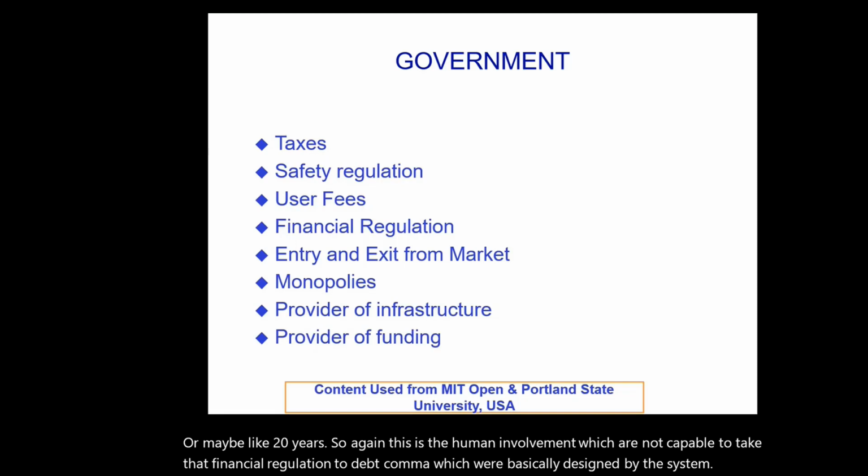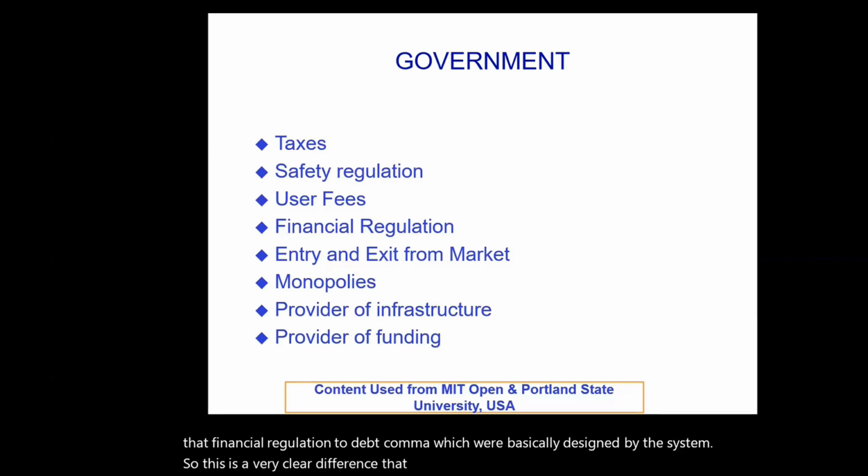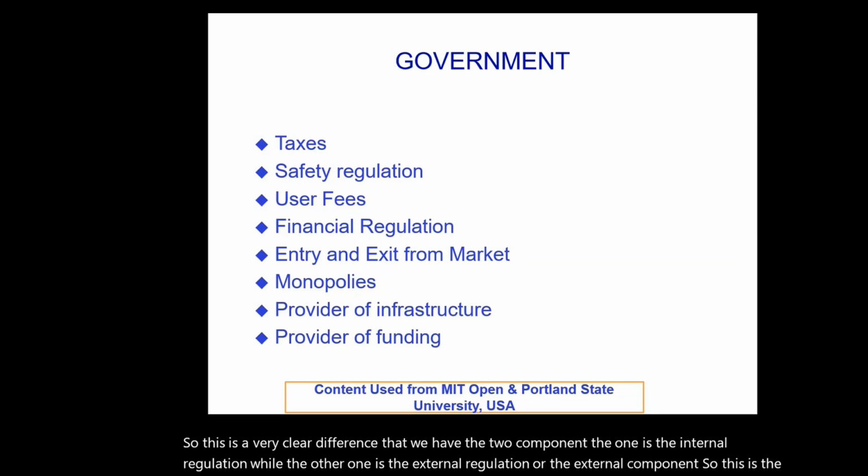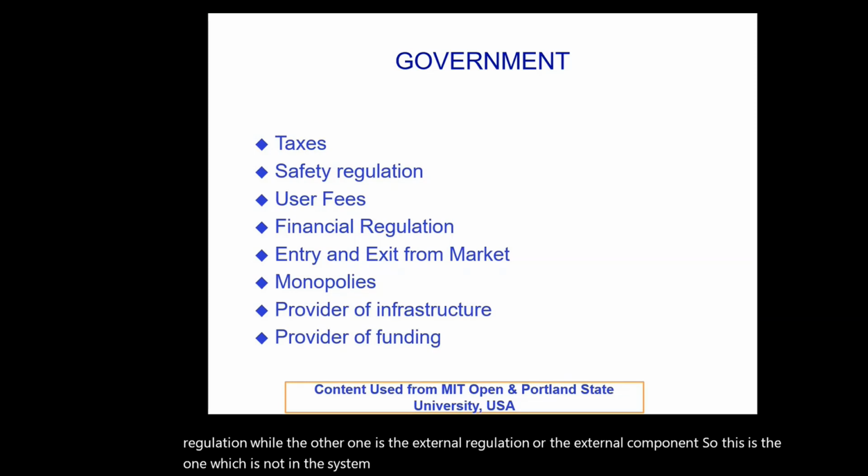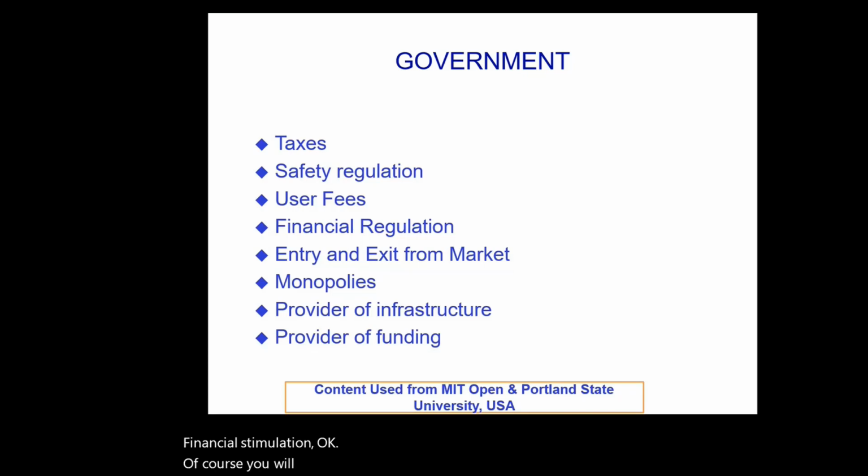So this is a very clear difference that we have two components. The one is the internal regulation, while the other one is the external regulation or external component. So this is the one which is not in the system, but controlling the system from the outside. Financial regulation, okay? Of course, you will have monopolies, and we will talk about monopolies in the next slide. For example, when quality is required, you should bring the monopoly.